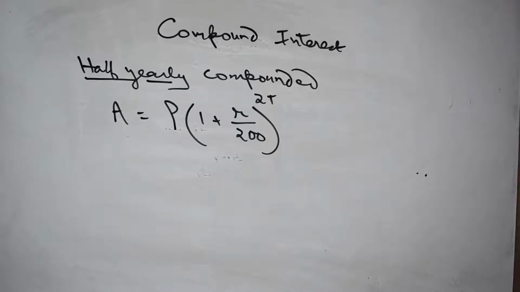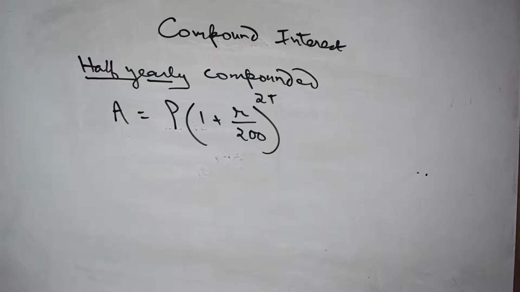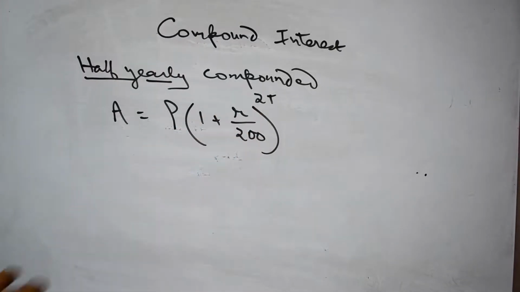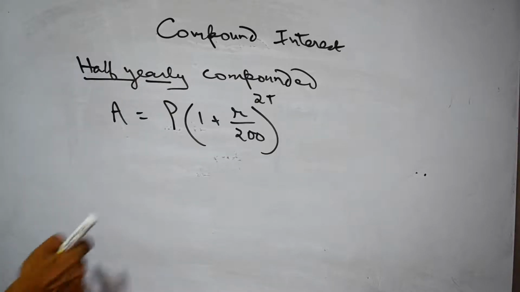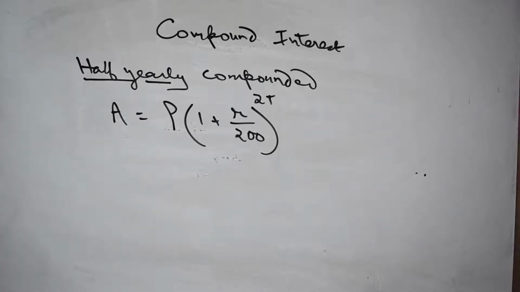So in 1 year, 2 times interest will be paid. So in t years it will be 2t, whereas the rate of interest will be half.